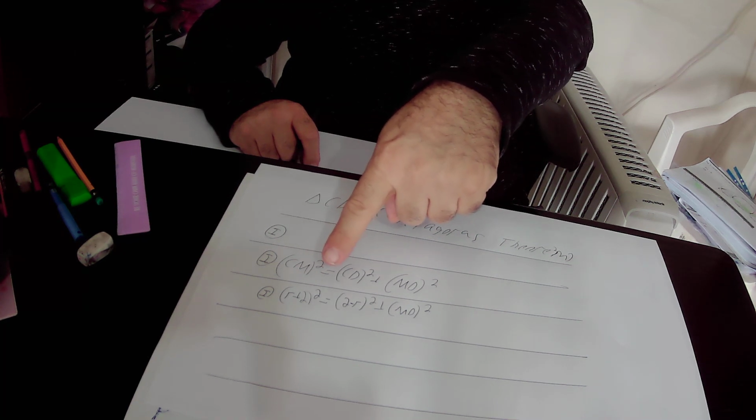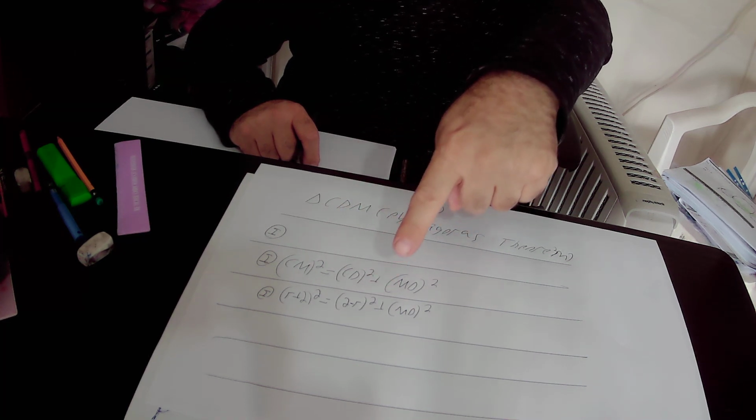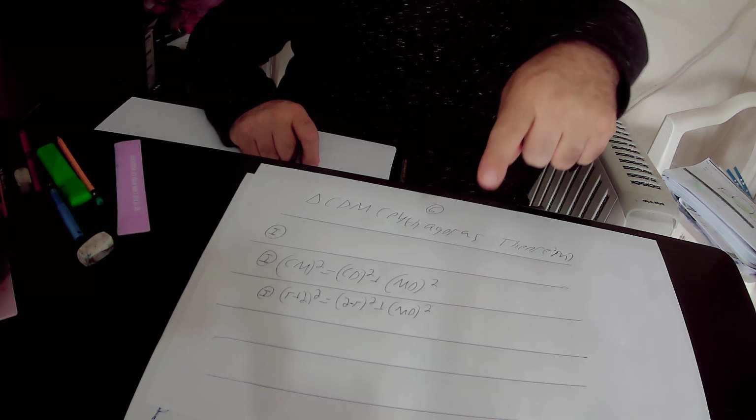So (R plus 2) square equals (2 minus R) square plus MD square.